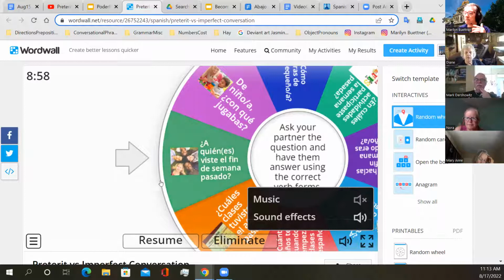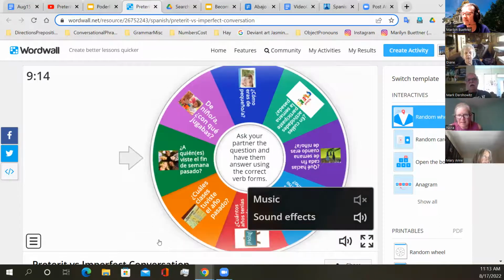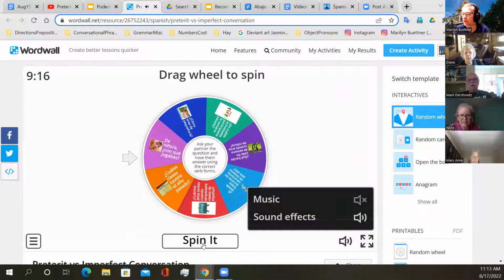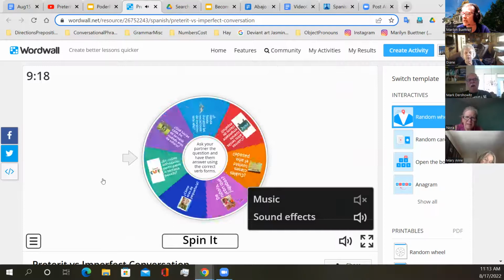So there we really need that specific verb in the past of a form of ver, and it's viste, vio, but it's got to be a yo answer because they asked viste, you saw. Okay. Fantástico. Vamos a practicar con otra pregunta.